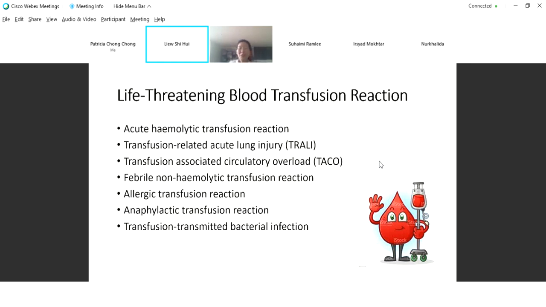So which one will you want to remove? The febrile non-hemolytic transfusion reaction and also the allergic transfusion reaction. Yeah, you better remove that because it is not life-threatening. Okay. But they are the most common transfusion reactions.